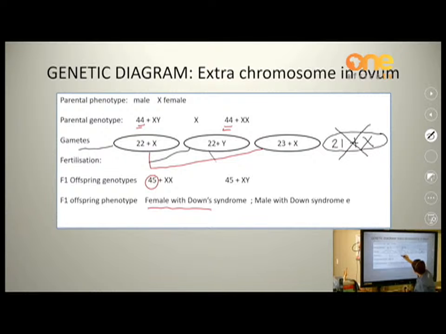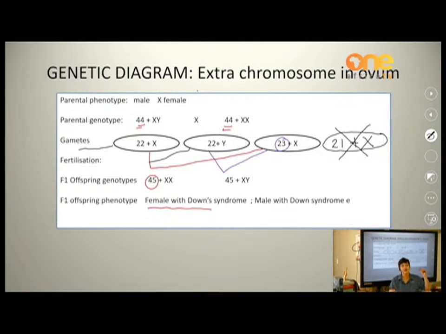If this sperm fertilizes with that extra chromosome. That happens when we have meiosis in the female. In this case, meiosis in the female, instead of the 23 pairs splitting one to that side, one to that side during meiosis, it's not moving. 2 is moving to this side and none to that side.